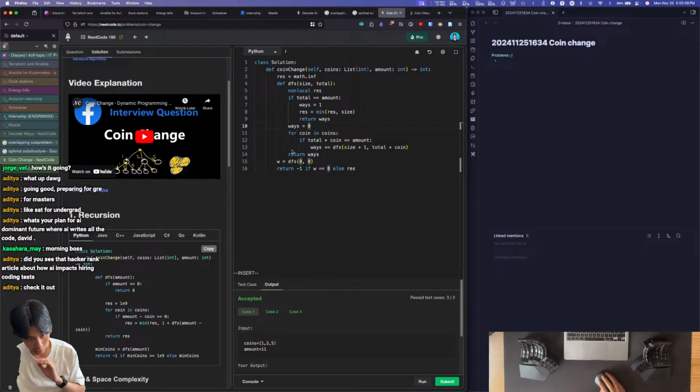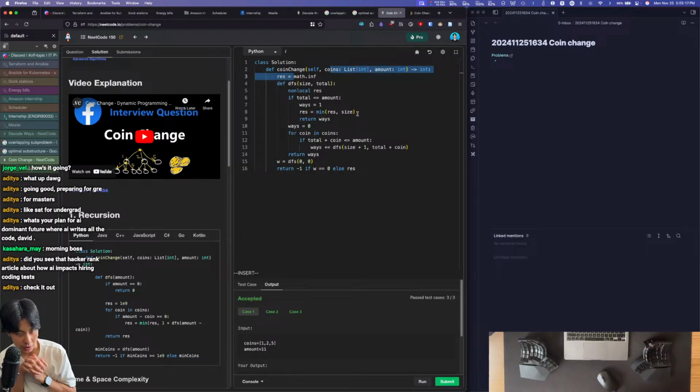So does this look similar to what I have here? Res infinity. DFS of some amount. If the amount is 0, then you return 0.